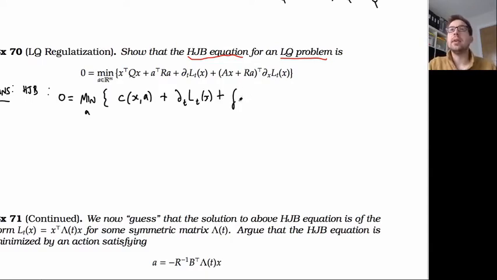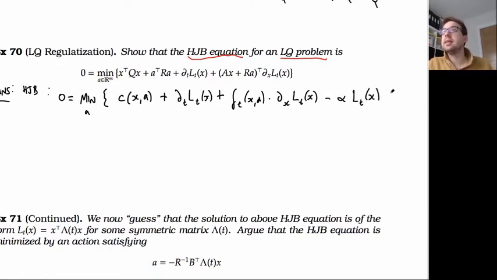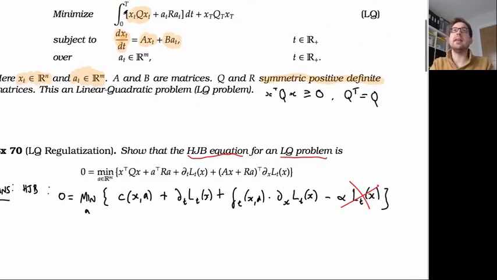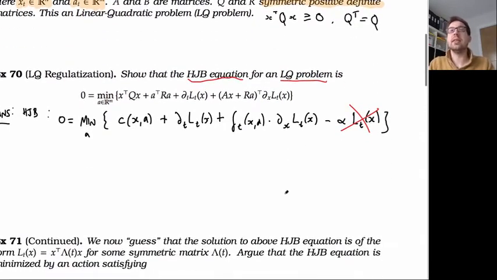Then we add on f_t(x, a) dotted with the partial derivative with respect to x of our value function, and then we minus off alpha times the value function, with no derivatives on it. In our case this is equal to 0 because we don't have any exponential decay. We could, but we don't in this specific case that we're considering.